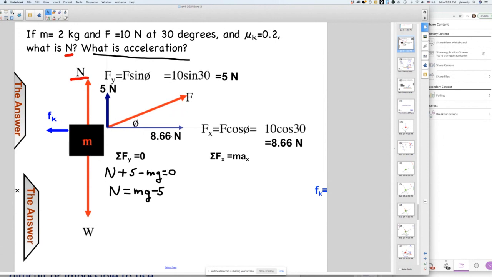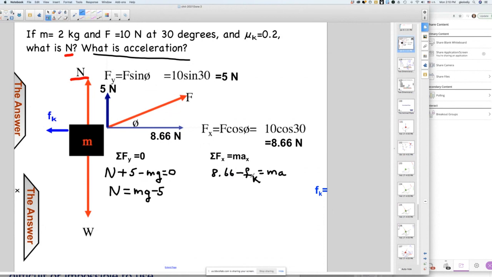Well, we can see this component, 8.66, Fx. So we write that 8.66 minus the force of friction, and that's kinetic friction, and that is equal to ma, which is what we're looking for, the acceleration.